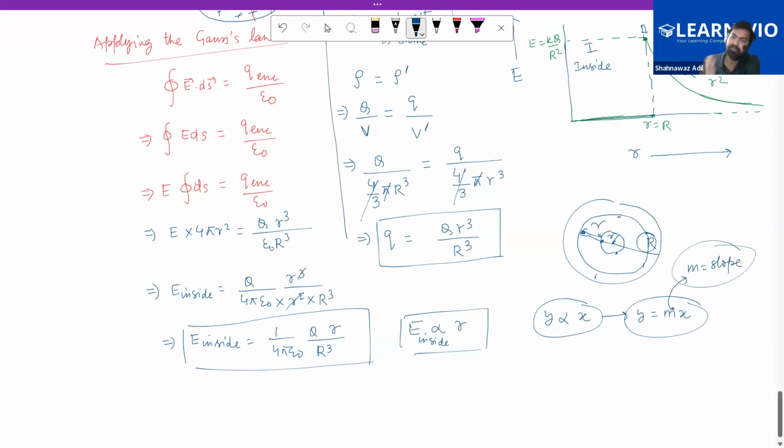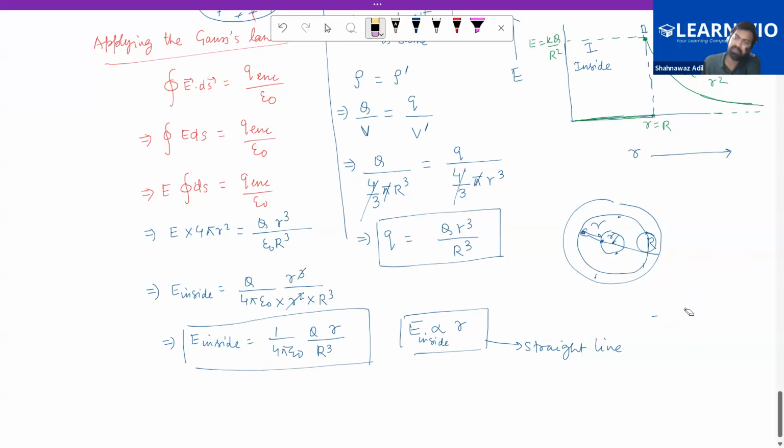But what is this graph? It's the equation of a straight line. So this graph is a straight line, right? Okay, good. So inside the sphere, the graph will be a straight line.